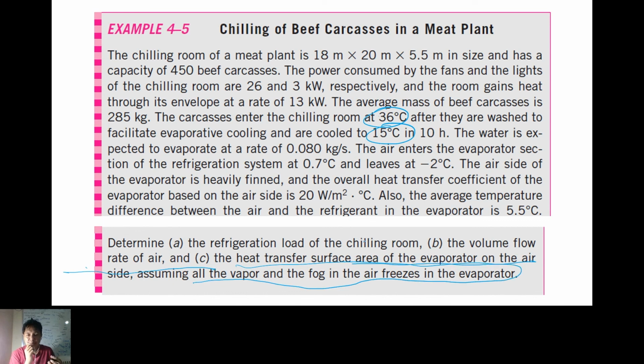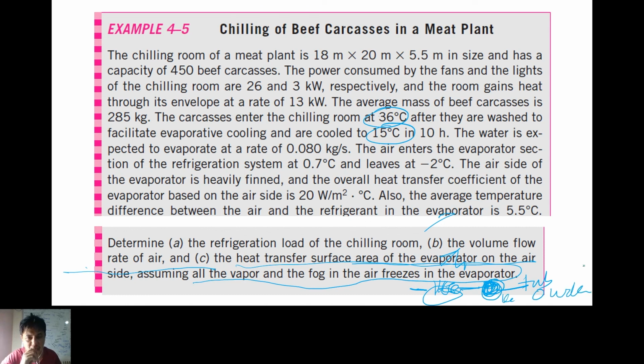Yung mga hangin, yung mga hamog na frozen siya sa evaporator. Kung gusto mong palamigin yon, magkakaroon ka rin ng heat release. Yung ice na naka-collect sa evaporator mapupunta sa 0 na ice, from 0 na ice mapupunta sa 0 na water.